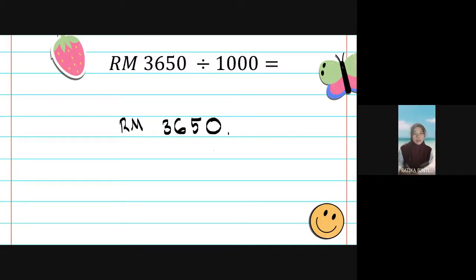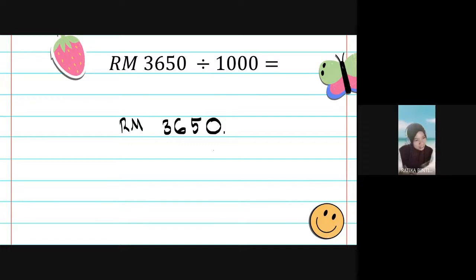Here is the decimal point. Here is the decimal point for this number, 3,650 ringgit. Delisha, where is the decimal point for 3,650 ringgit? Zara, try.